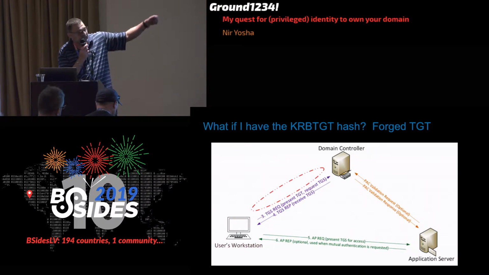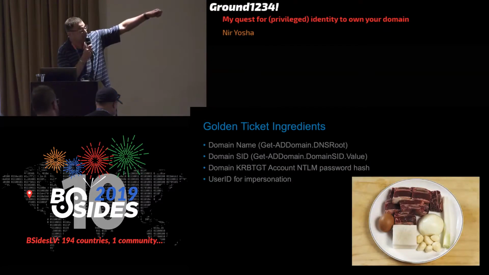Now, if this is a super high privileged user, which is the Kerb TGT hash, this is the master key. This is the hash that has access to all the resources within Active Directory. Then I'm golden. Okay? Then I can access anything within my environment. This is actually my golden ticket.